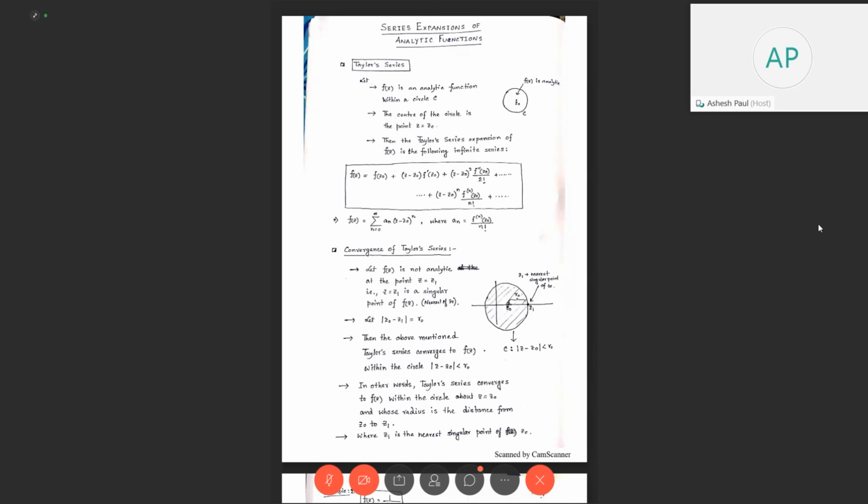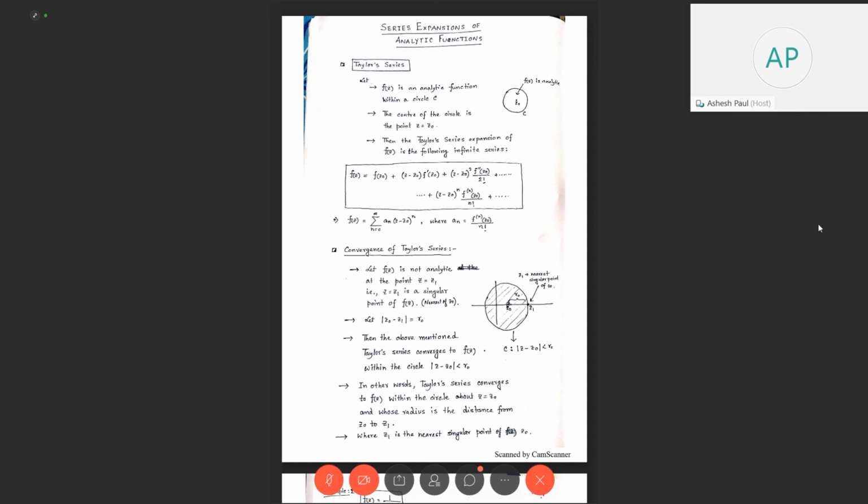Okay, then the Taylor series about the point z0 will converge to f(z) within the circle |z - z0| < r0. |z - z0| < r0 is the circle whose center is at the point z0 and whose radius is r0.